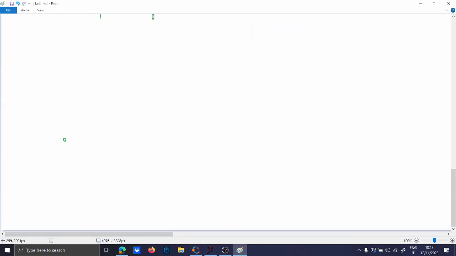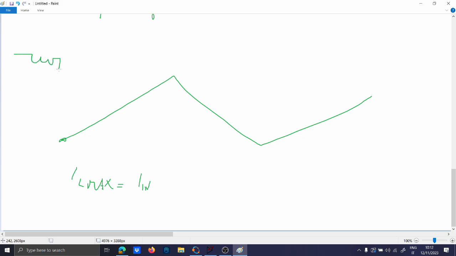So we need to know this equation here. You can find it in my application note or in literature, but basically the IL max is given by the input current, because you always have to remember the circuit here. It is given by the input current I in plus the ripple delta IL over 2.